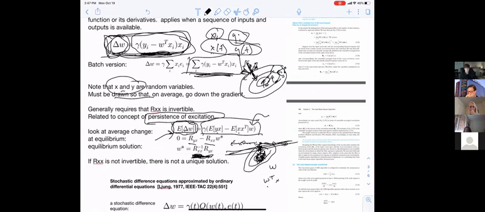The expected value of delta W is 0, so it's as likely to move left as it is to move right, okay? But what you really want to know is, does it actually converge to the equilibrium point, and does it get there in some sense? Because just because this is an equilibrium point doesn't mean you'll find it. Right? And people talk about this as being the problem of local minima.